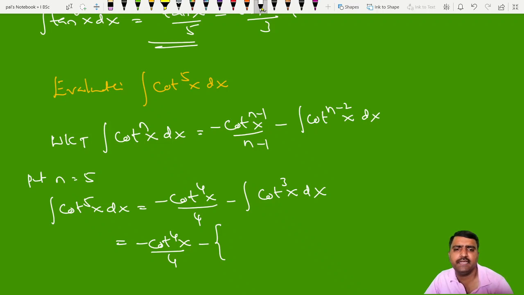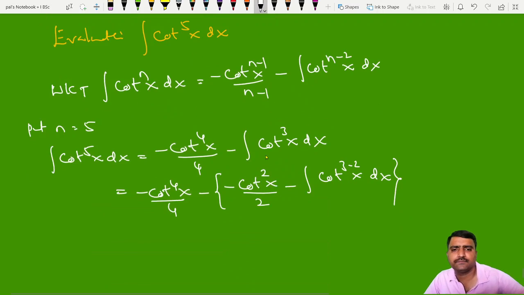So then it is minus cot to the power 3 minus 1, 3 minus 1 is 2x by 2 minus integration of cot to the power 3 minus 2, x dx. Close this bracket.